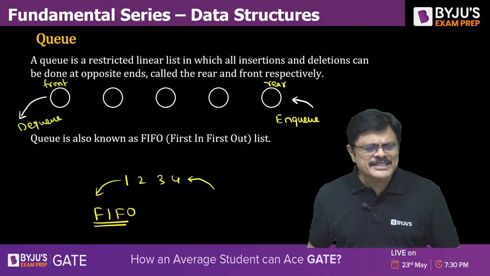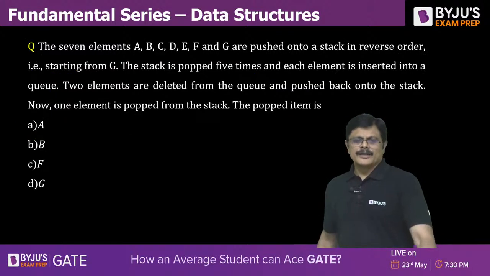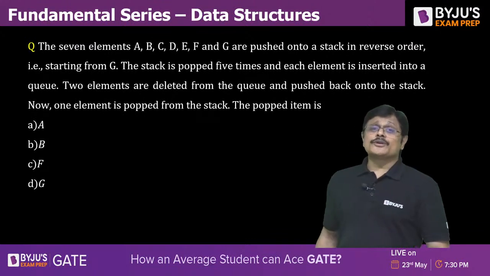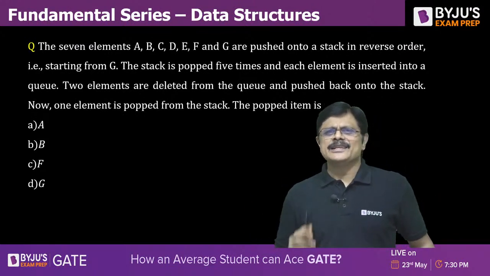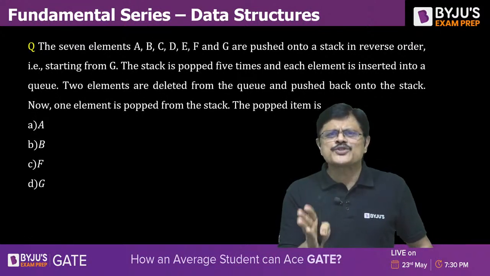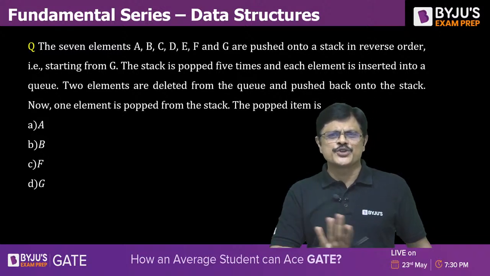So let us start with one simple example. Are you ready? I am going to combine the stack concept also in this. Here it is a general puzzle, my dear friends. Only the terminology or the concept of stack and queue is used here.